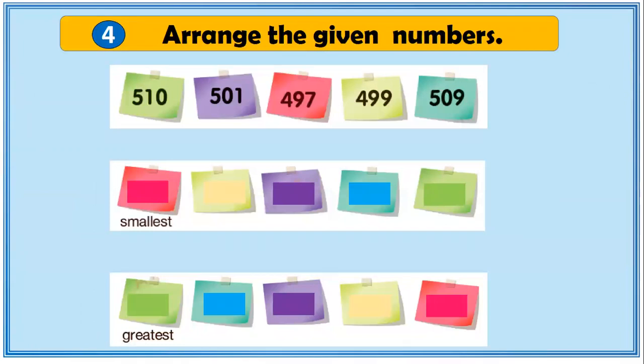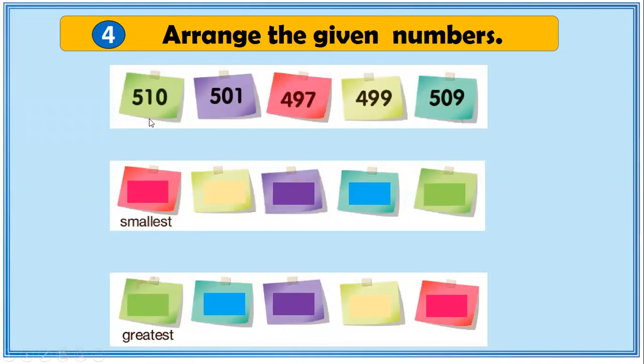All right. Next, let us have example number 4. Arrange the given numbers. So here we have 510, 501, 497, 499, 509. So we need to start from the smallest.